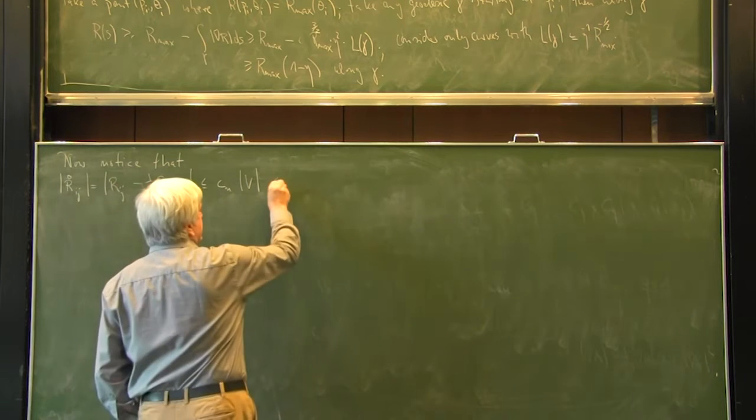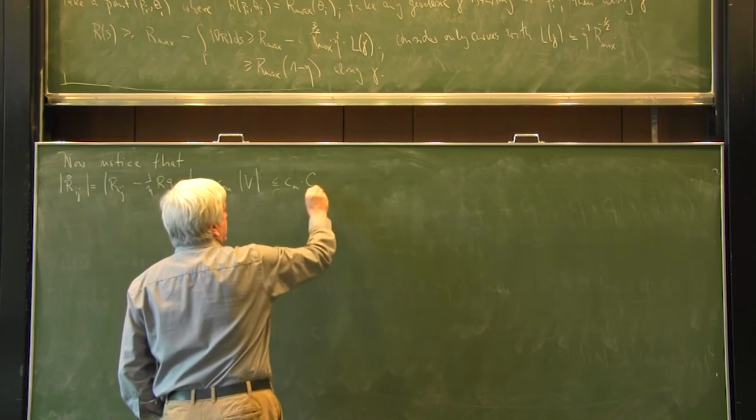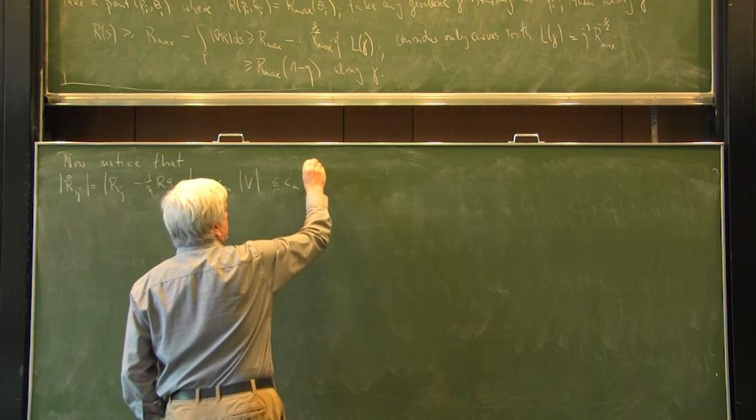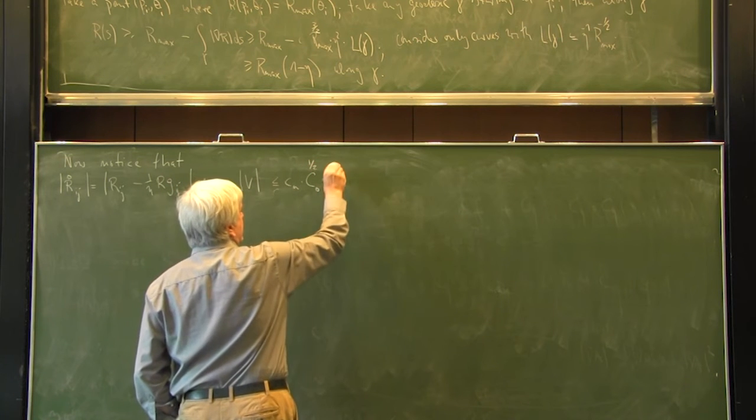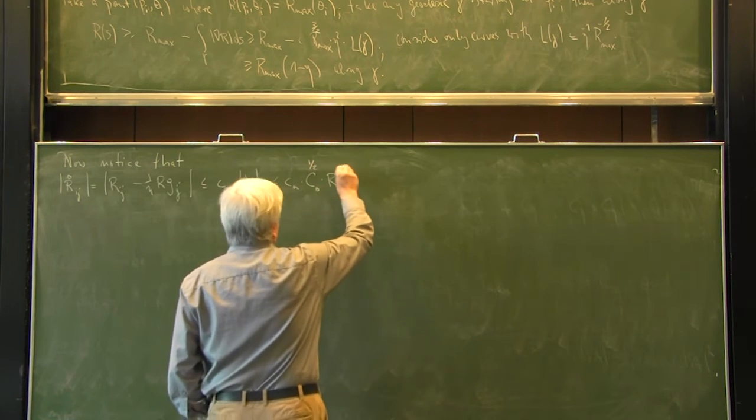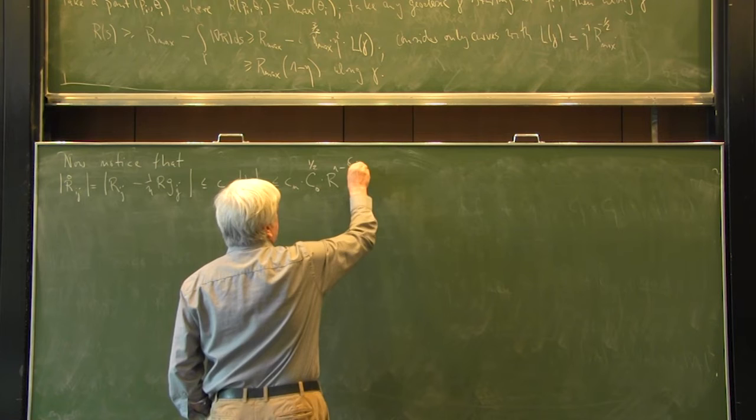But v was estimated by C1 or C0, I think I called it, to the 1/2 times r to the 1 minus delta over 2.